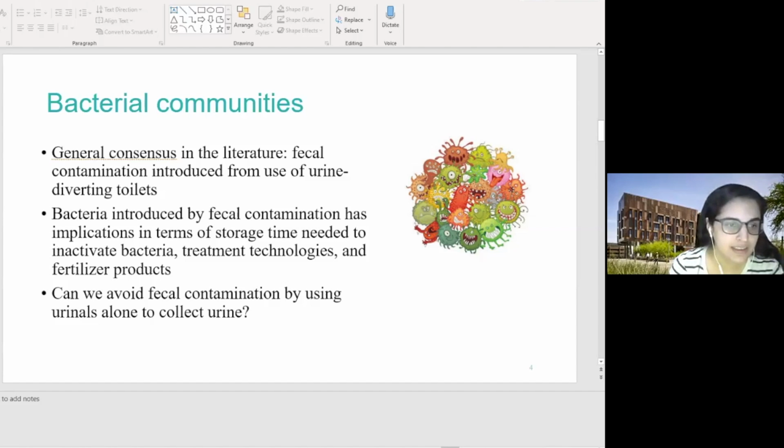It has implications in terms of storage time needed to inactivate bacteria, the treatment technologies used, and whether it is in the fertilizer products that we're producing. In our research, we were thinking maybe we can avoid fecal contamination by using urinals alone to collect urine. And so we'll talk about that today.